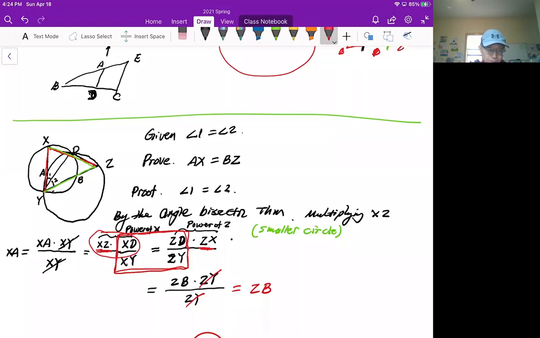So XD times XZ equals XA times XY. So I switch this one to the other side. Same thing happened here. And then let's make a switch to this side here. And the magical thing is that after the switch, XY cancels out, I get that, and then they cancel out, I get that one. It's a very nice proof.